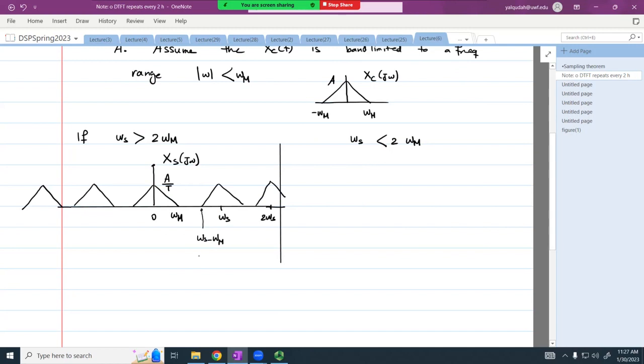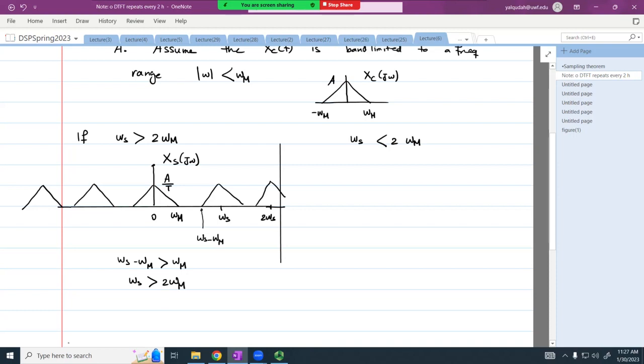It means that if I look here, if omega s is greater than twice omega m, this point here and this point here are separated. You see that? If omega s minus omega m is greater than omega m, it means omega s is greater than twice omega m.